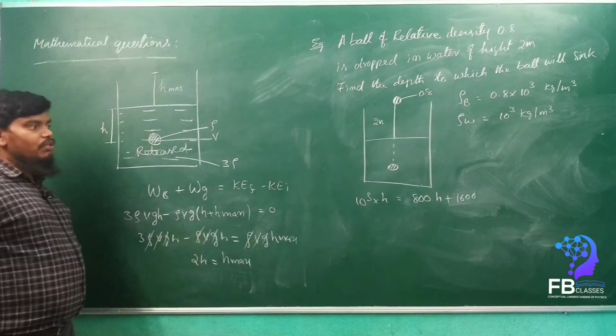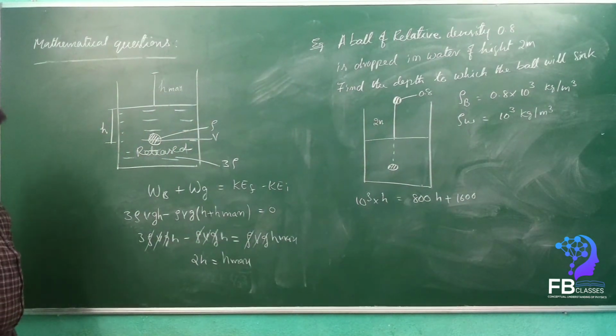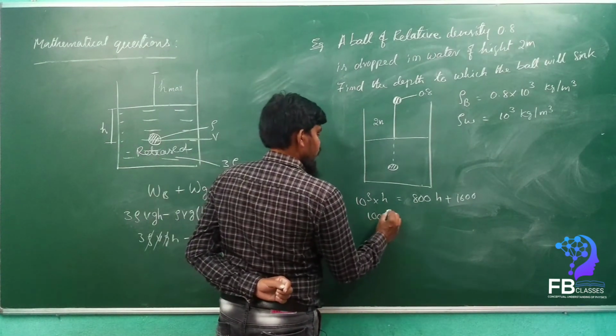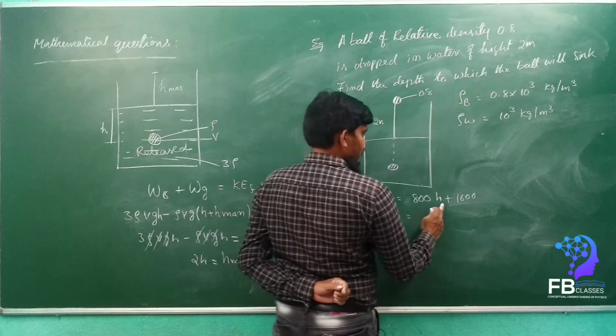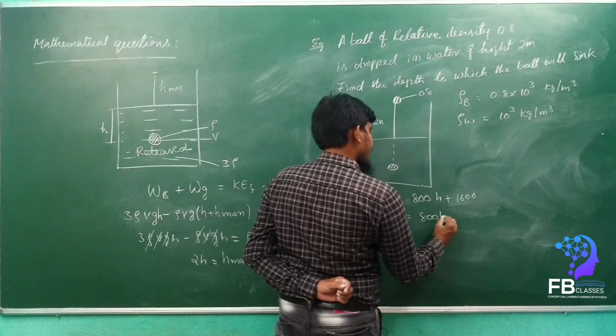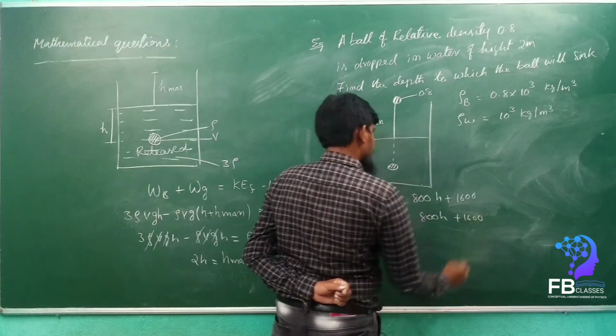If you solve the problem, the answer will come very easily. Are you getting my point? So this is 1000 h, which is equal to 800 h plus 1600.